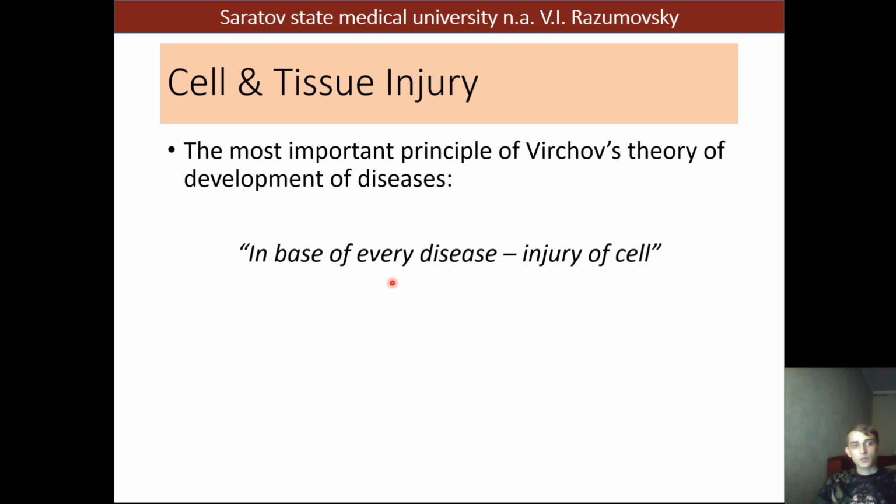So Virchow said that the cell is the most important morphological structure of our body, and in every disease we can meet a special difference in the morphology of the cell. Nowadays our work is based on this theory.